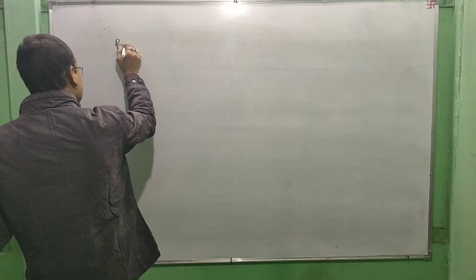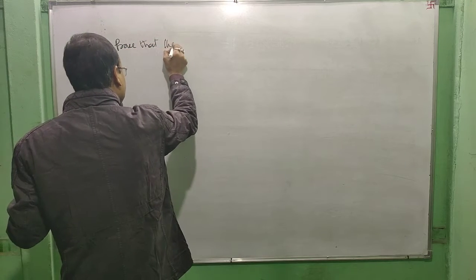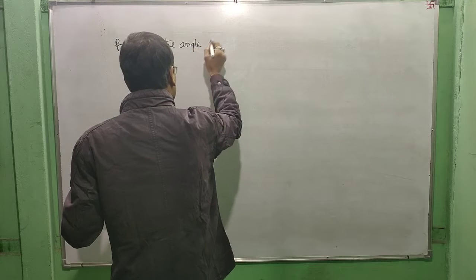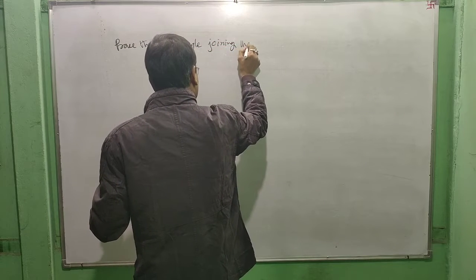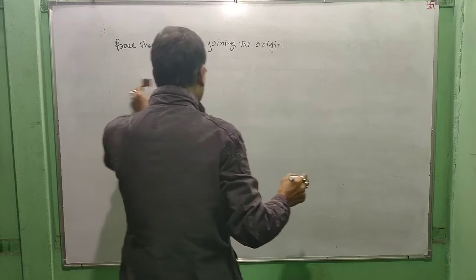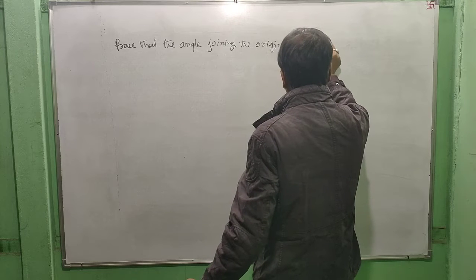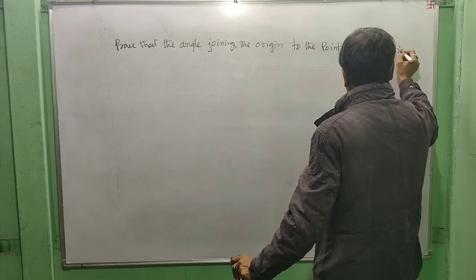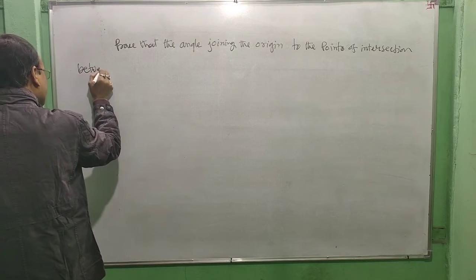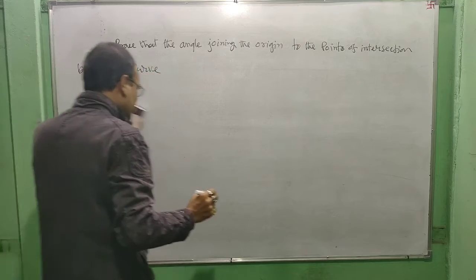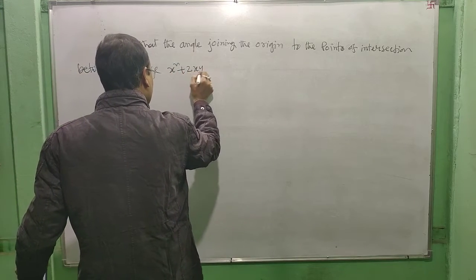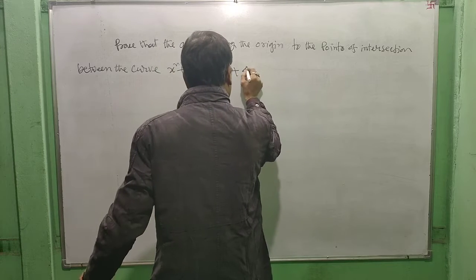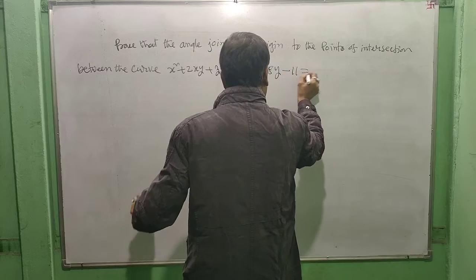Prove that the angle joining the origin to the points of intersection between the curve, suppose the curve is x square plus twice xy plus thrice y square, plus, let us take it 4x plus 8y minus 11 equal to 0.